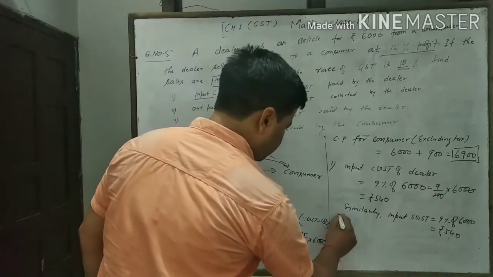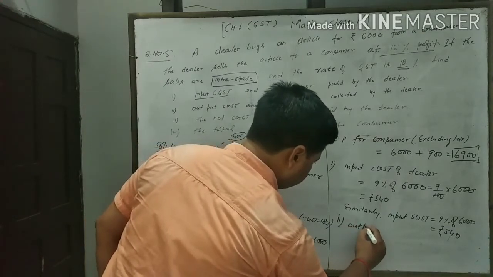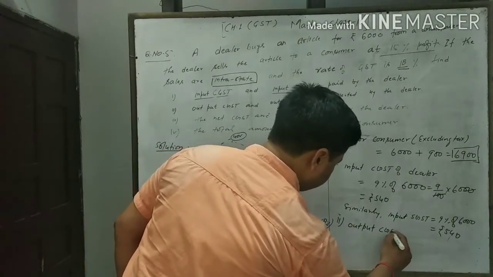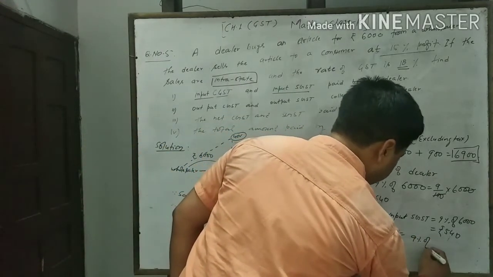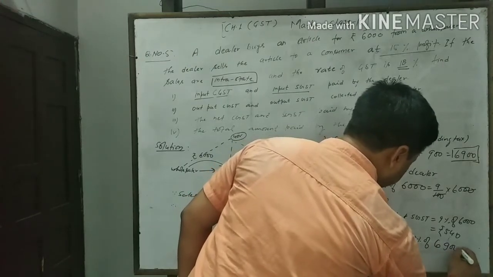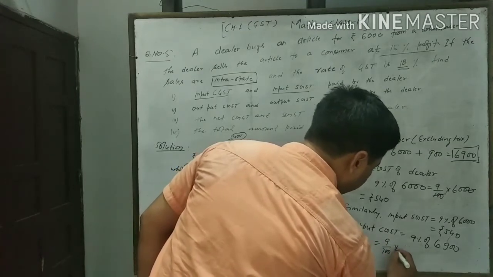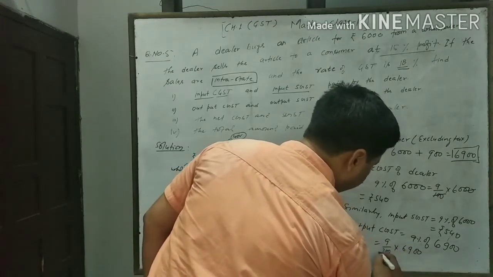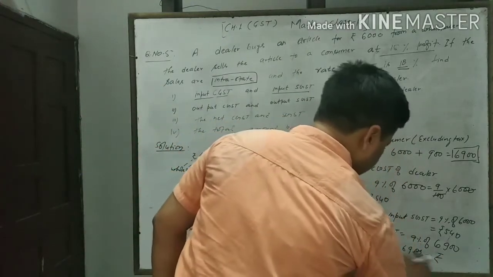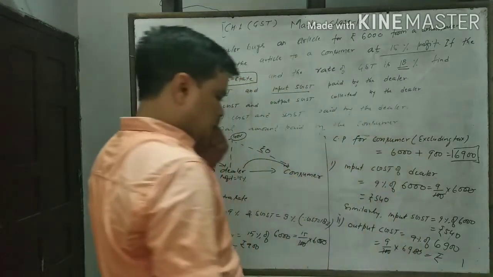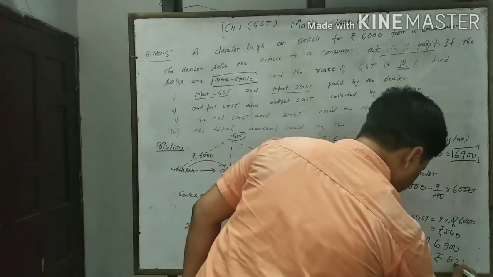So second value, output CGST is how much? 9% of 6,900 rupees. So it will be 9 by 100 into 6,900. 00 cancel, and 9 9 are 81, and 9 6 are 54, so it will be 62.